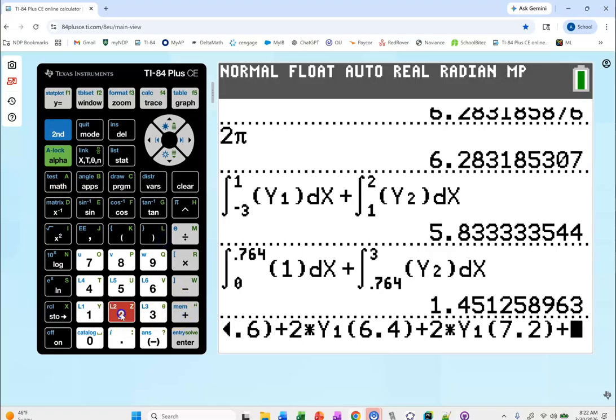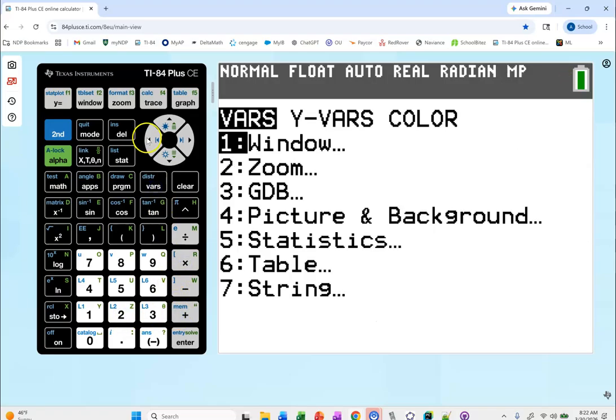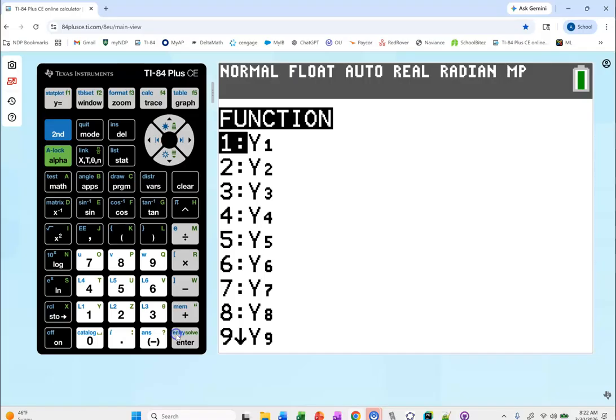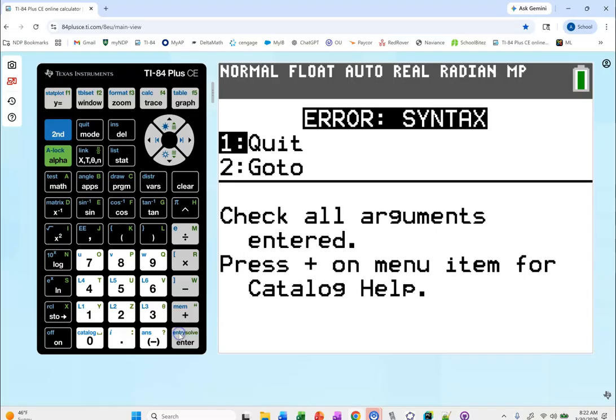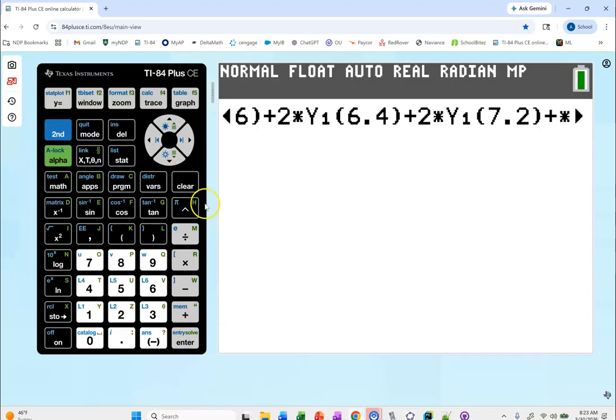Oops. Made a little mistake there. We'll clean it up here at the end. That should be a 2. What is my syntax at? There. Okay.